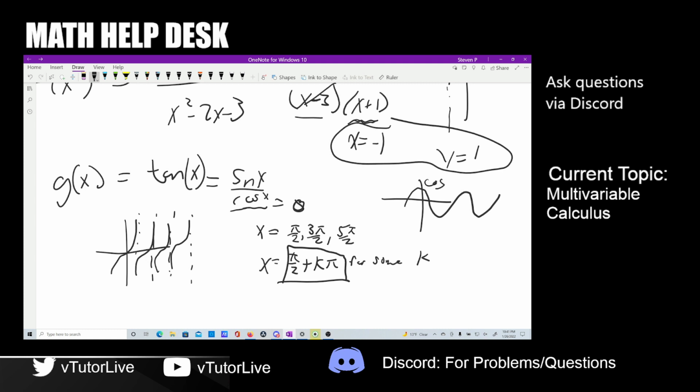If this is cosine, and this is sine, every time cosine is 0, sine is actually at its maximum. Sine is very, very close to 1 when cosine is very, very close to 0, which is why this blows up. If this was cosine over cosine, it'd be a different story, right?